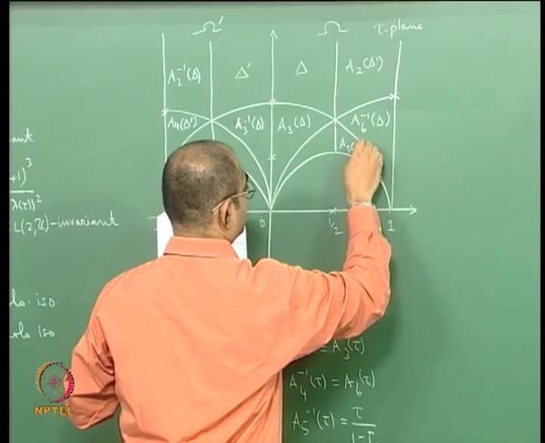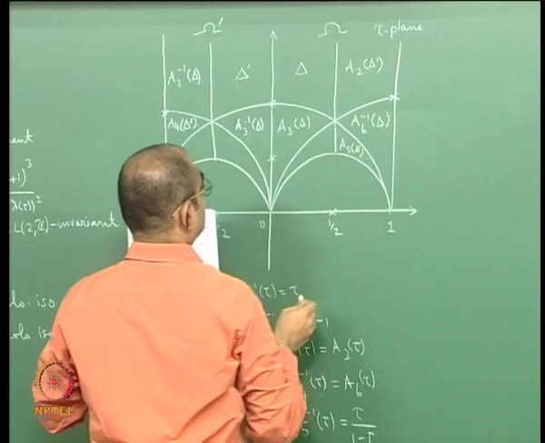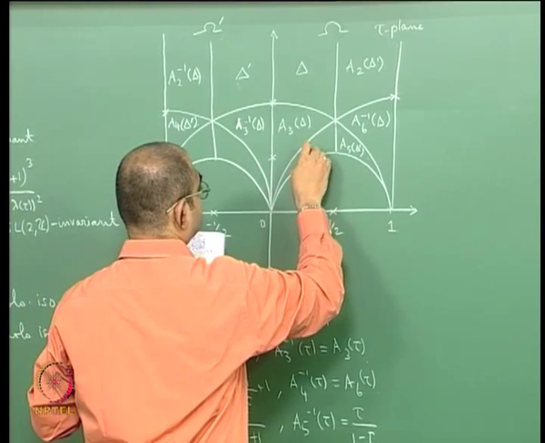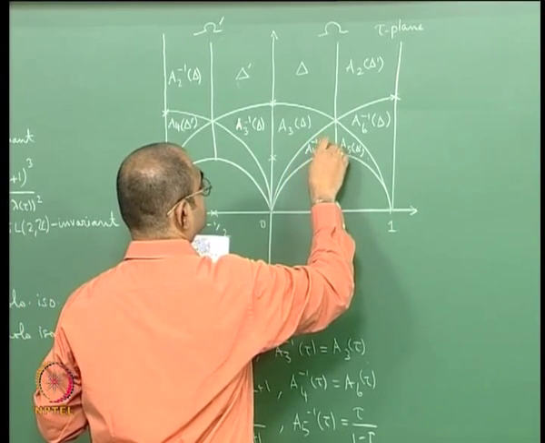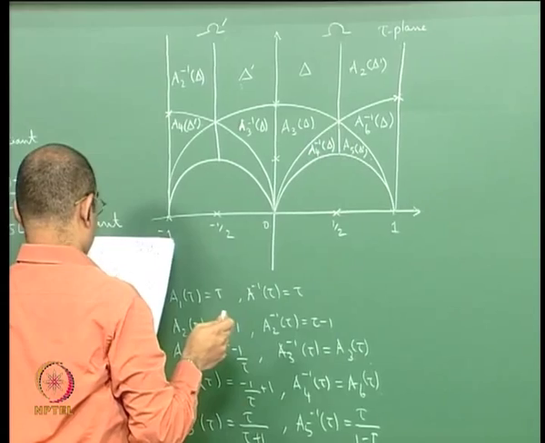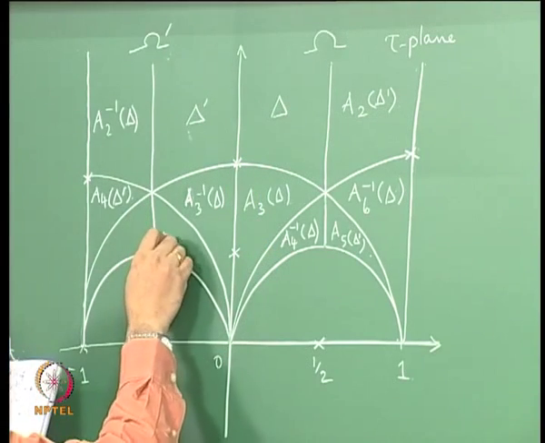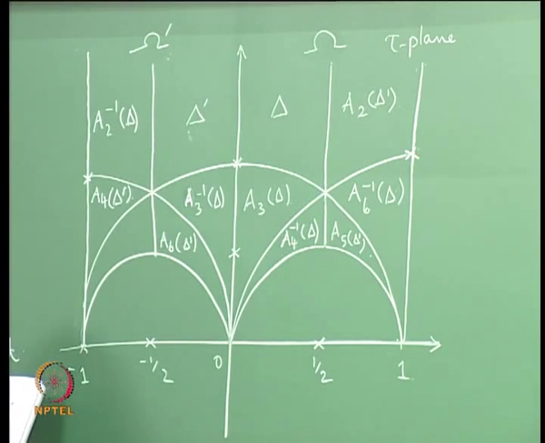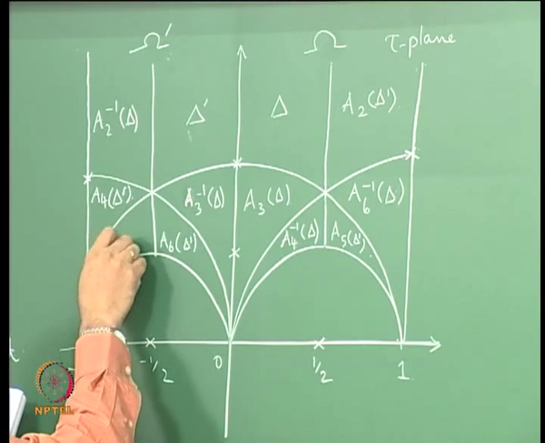This should be delta prime, and this is A4 inverse of delta, and this is A6 of delta prime, and this is A5 inverse of delta.